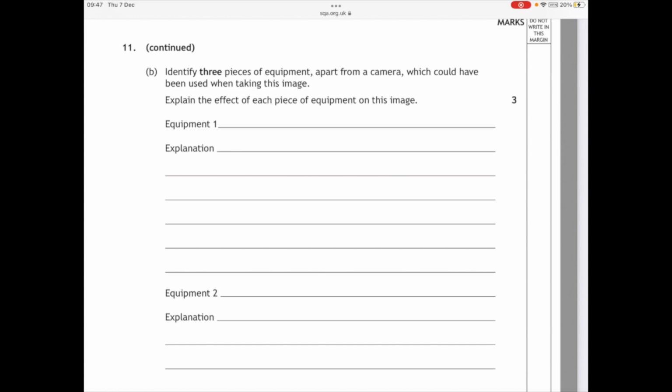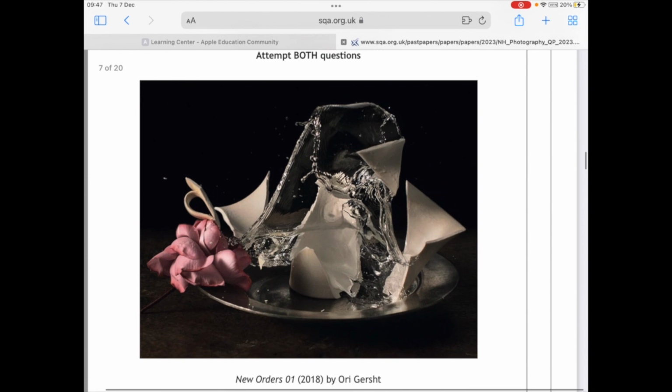Okay, so again, we're looking at this picture and we're thinking, what's been used? So the first thing that we could maybe say is that within most still life photography, a tripod's going to be used. So we've got the answer here from the SQA, and this is an interesting answer. A tripod may have been used to pre-compose the shot to allow the photographer to drop the cup in the centre of the frame at the same time as taking the photo.